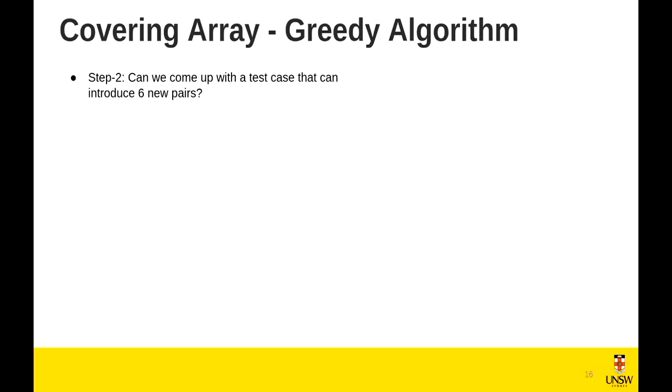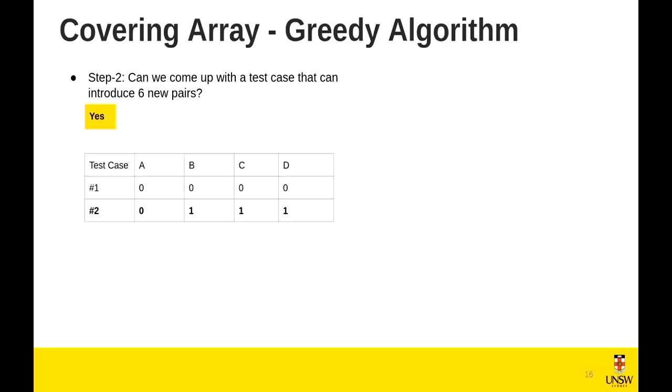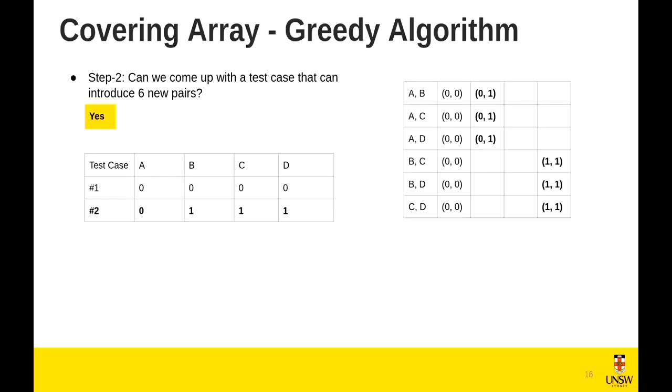In step 2, can we come up with a test case that can introduce 6 new pairs? The short answer is yes. Let's try to fulfill the coverage requirement for A first. A needs AB, AC, and AD. AB already covered 0, 0, so let's try to cover 0, 1 for AB, 0, 1 for AC, and 0, 1 for AD next.